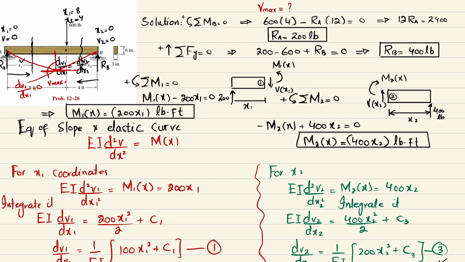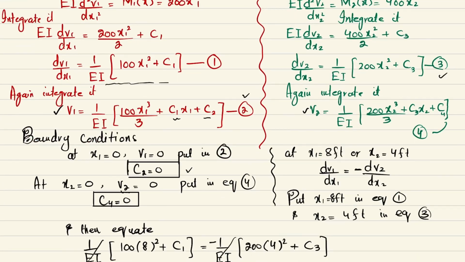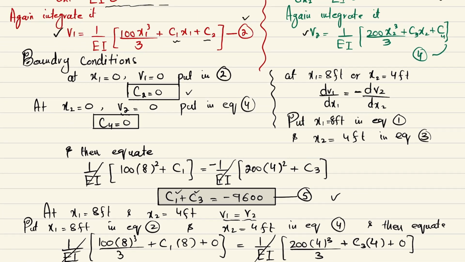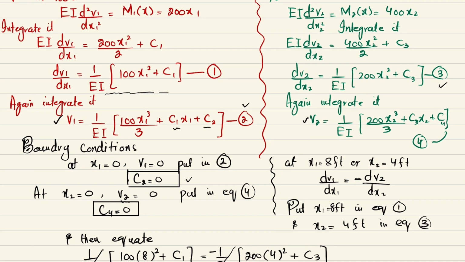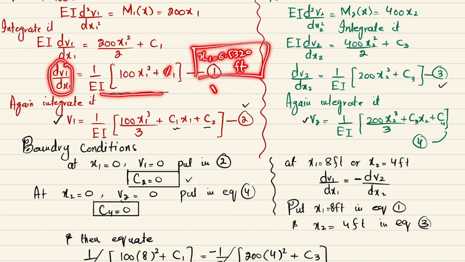So how can you find this distance x1? You put the C1 value over here, take dv1 over dx1 equal to 0 and solve for it. So you will get x1 equal to 6.5320 feet, where we have the maximum deflection.